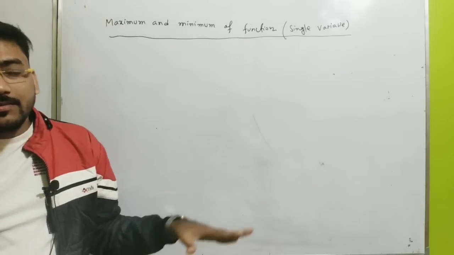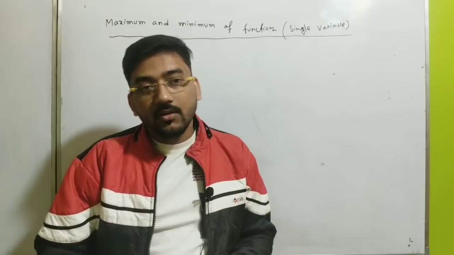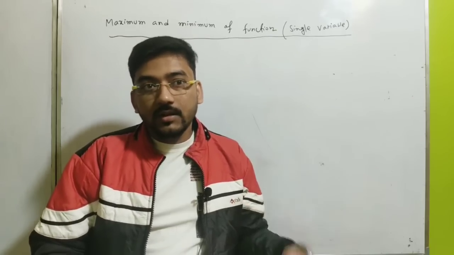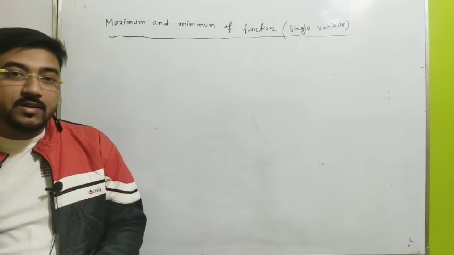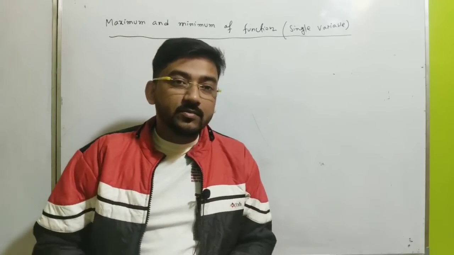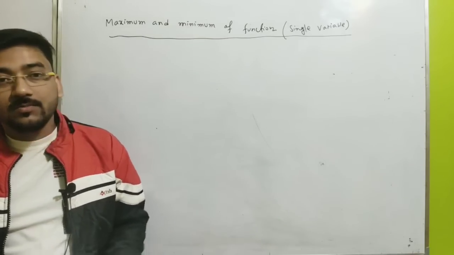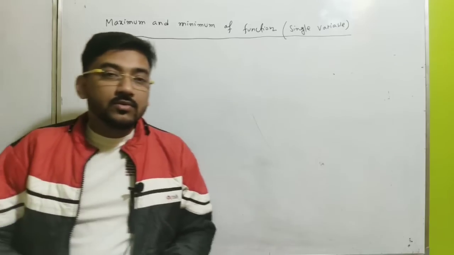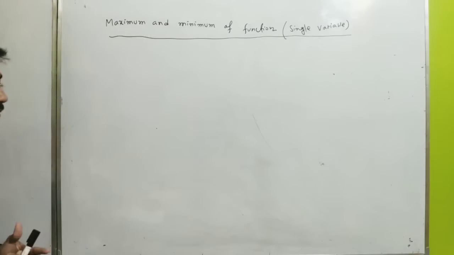Most of the single variable calculus in the IIT JAM syllabus you have already studied in your earlier classes. But I have chosen some important topics from where questions are asked, and I am giving you the basic concepts and one or two examples. So today I will discuss the maximum and minimum of a function.